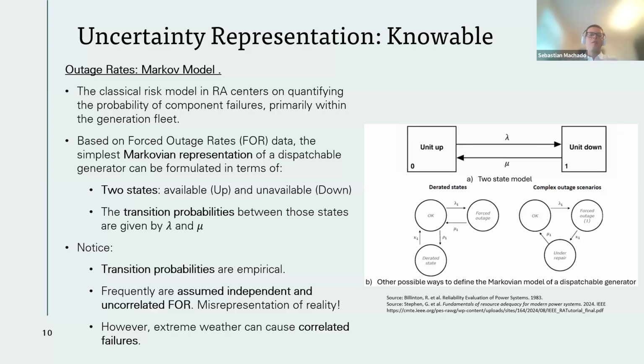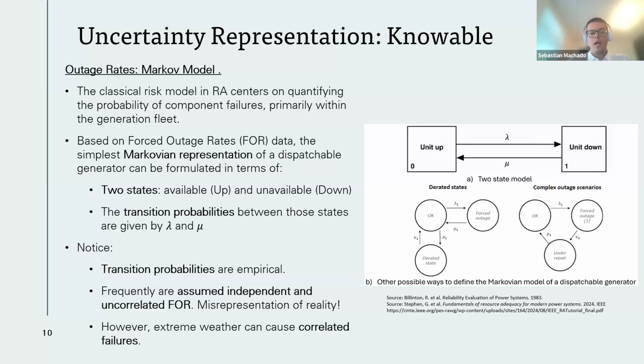The simplest Markovian representation consists of two states, as you can see in the figure: the state available or up, and unavailable or down. And then you will have transition probabilities defined by the parameters lambda, the failure rate, and mu, the repair rate.